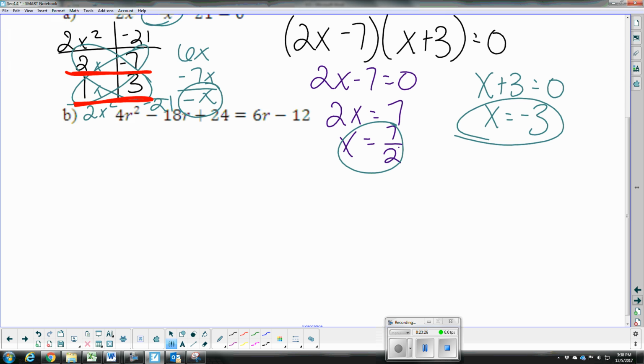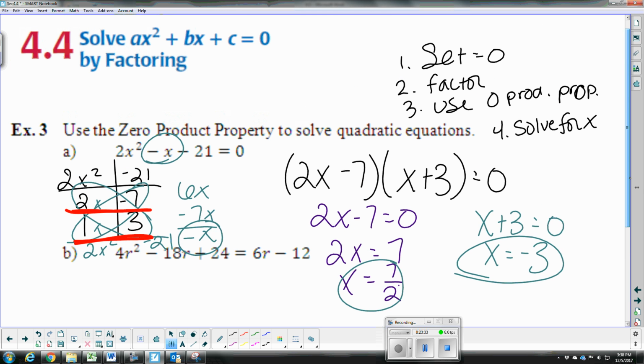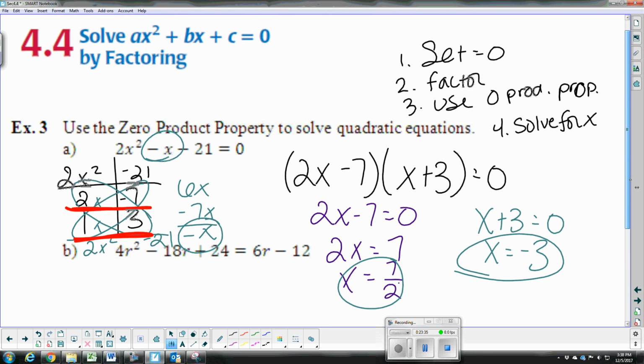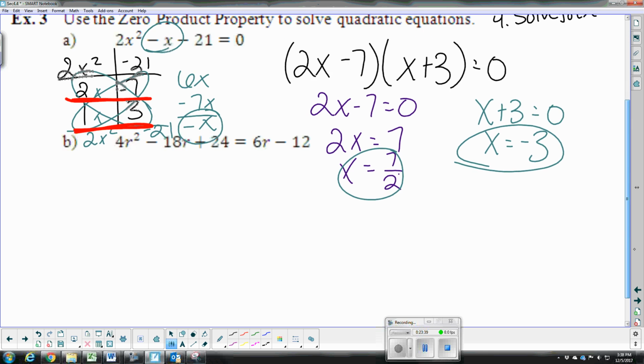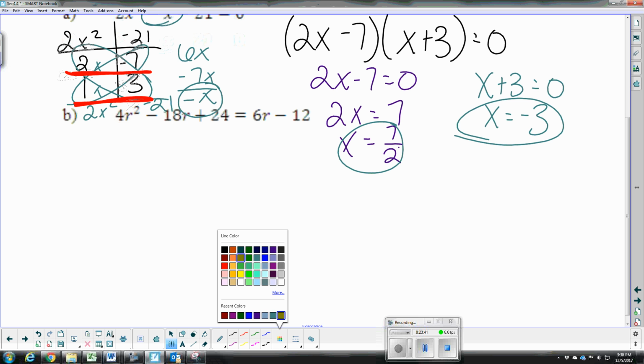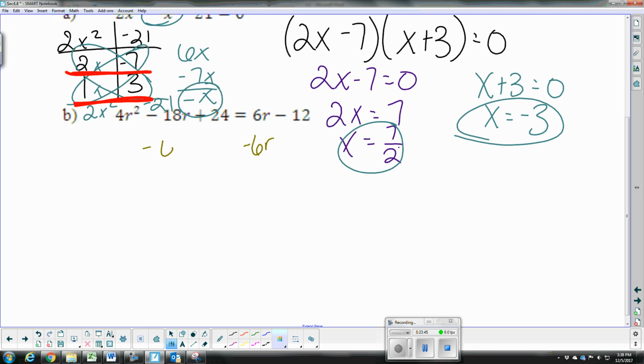4r squared minus 18r plus 24 equals 6r minus 12. First step is to set the equation equal to 0. So let's go back to our problem, and let's do that first. So we need to subtract 6r from both sides, and we need to add 12 to both sides.